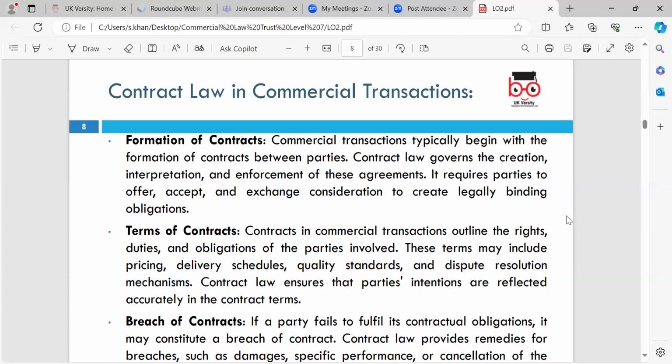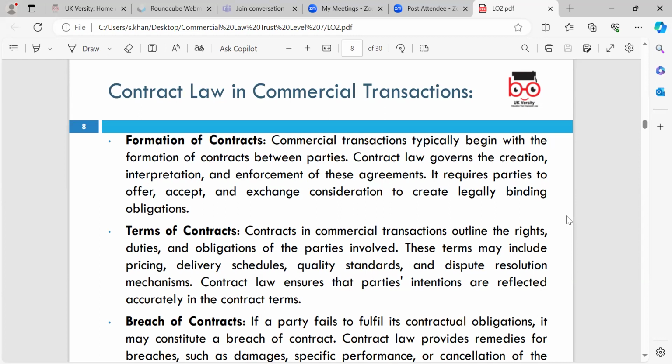And then certainty of terms: the terms of the contract must be sufficiently certain and detailed, otherwise they may not be enforceable. So it's really important that these elements are taken into consideration, because in most commercial contracts, the element of consideration is usually met.